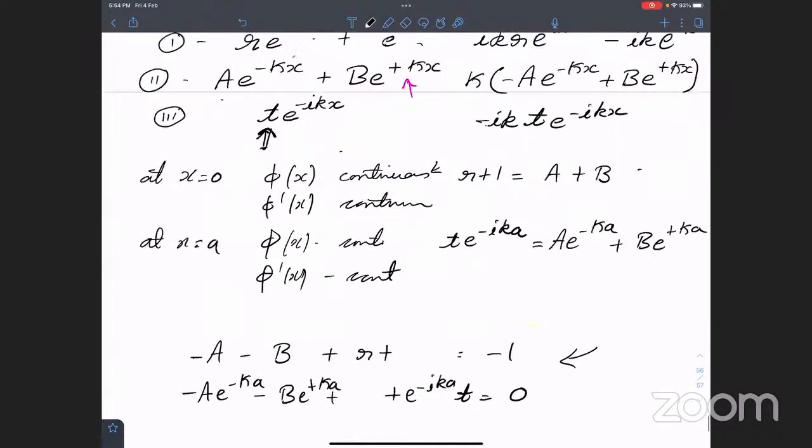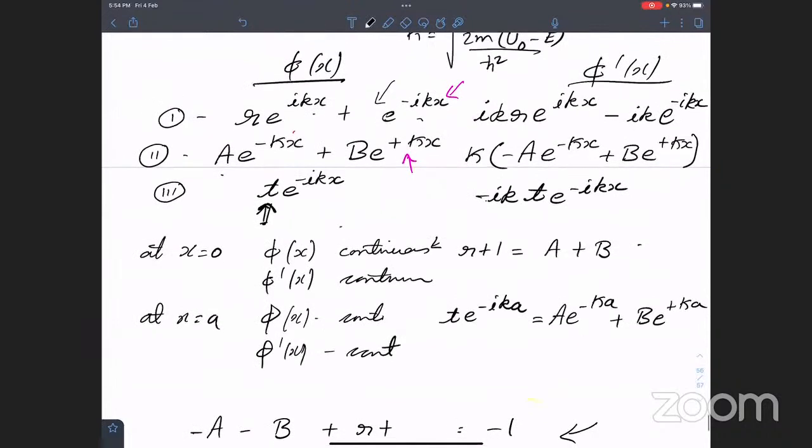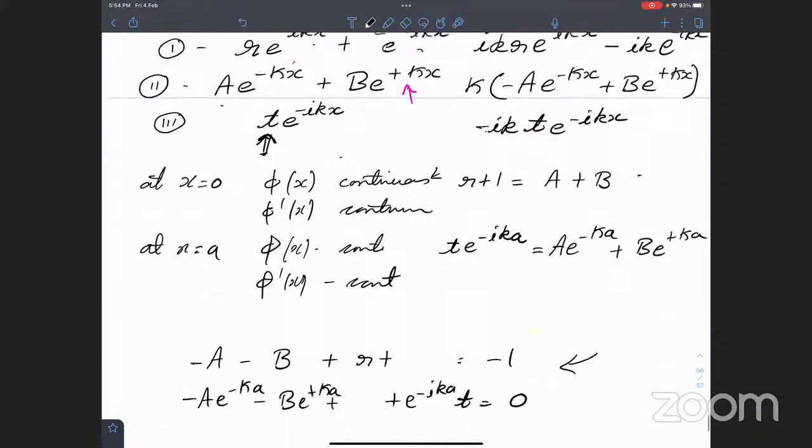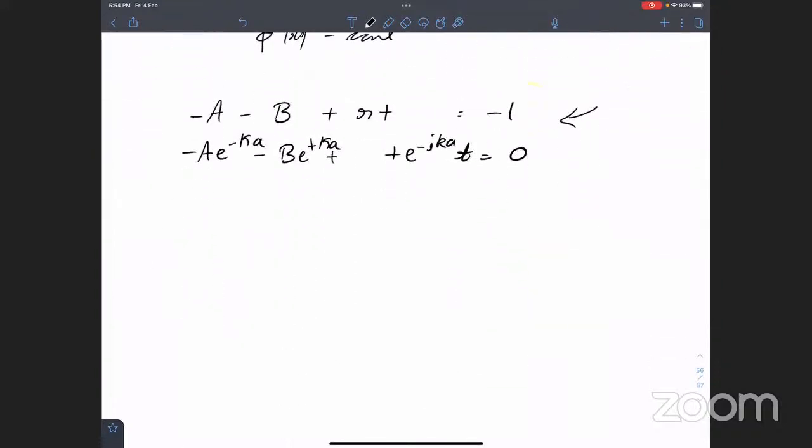You can do a similar thing with the derivatives also. So i k r minus 1 should be equal to kappa times b minus a, something like that. I will not solve it; you should solve it.